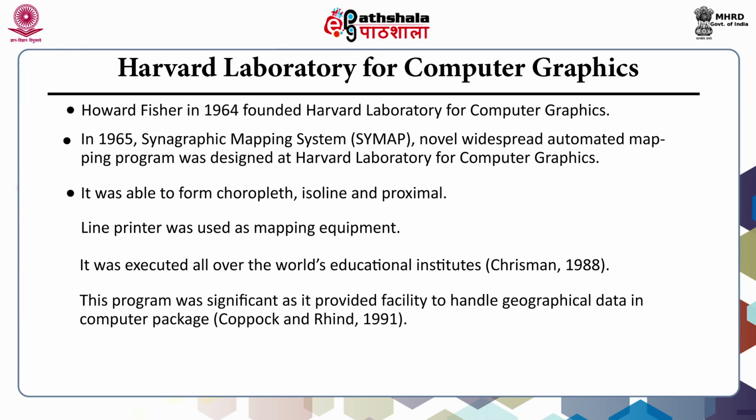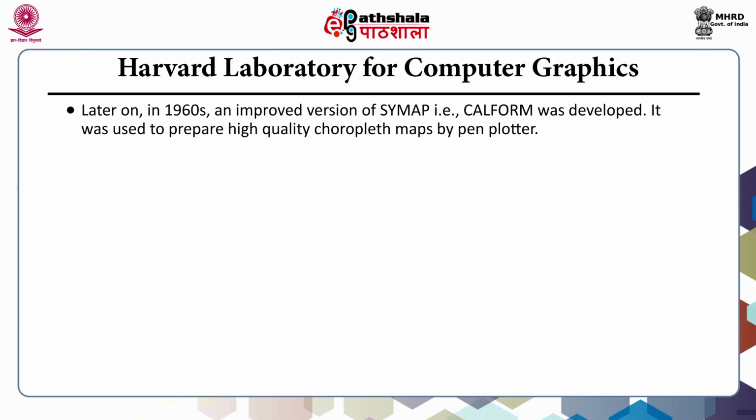This program was significant as it provided a facility to handle geographical data in a computer package. Later on, in the 1960s, an improved version of SYMAP, that is CALFORM, was developed. It was used to prepare high quality choropleth maps by pen plotter.